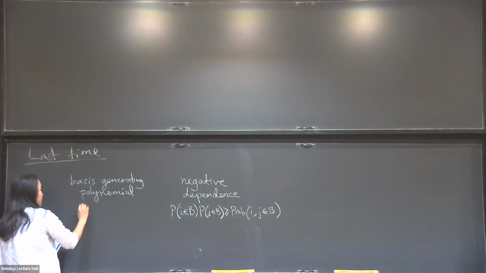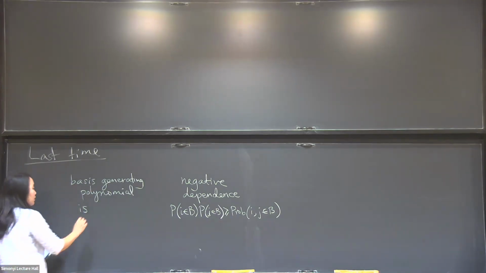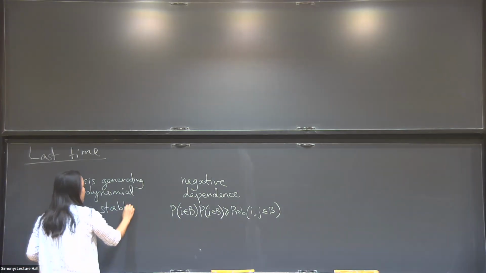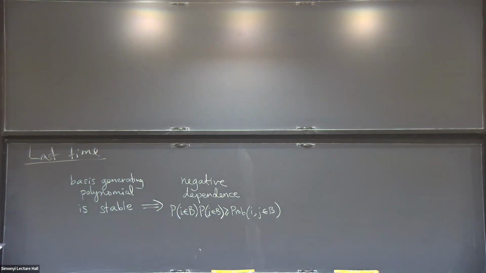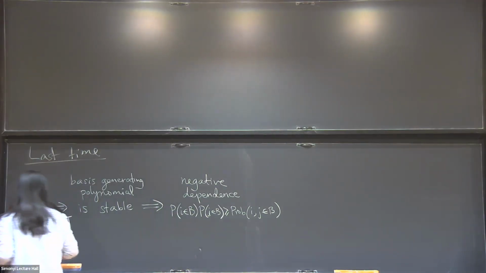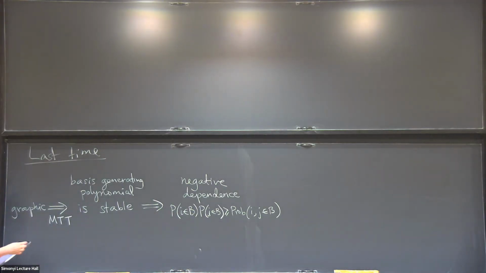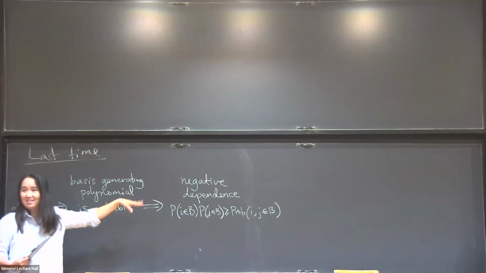We saw by a theorem of Brändén that if the basis generating polynomial is stable, we have this specific negative dependence. And by the matrix tree theorem, if the matroid is graphic, the basis generating polynomial is determinantal. Determinantal implies stable, and stable implies this negative dependence.